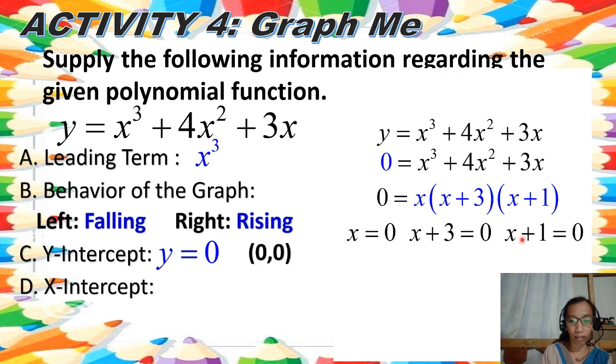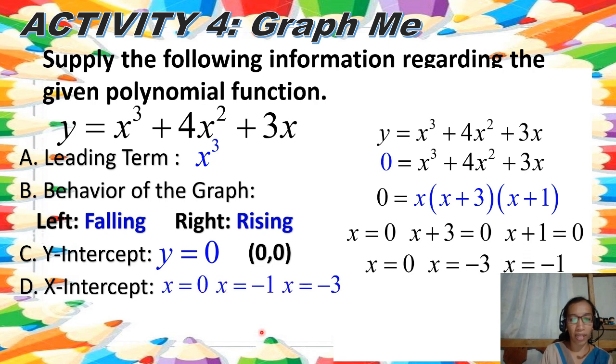Then find out the value of x. So x is equal to 0, x is negative 3, and x is equal to negative 1. It means that the x-intercepts are x equals 0, x equals negative 1, and x equals negative 3. So we will have coordinate points (0, 0), (negative 1, 0), and (negative 3, 0).